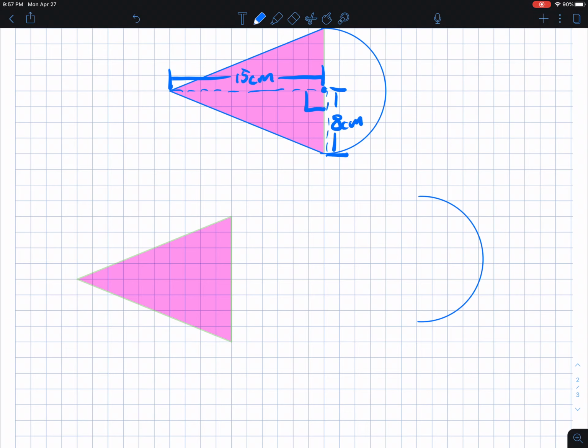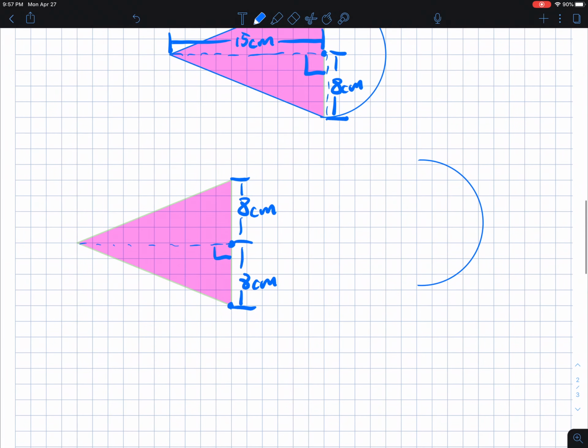So it says that from here to here is 8 centimeters. So from there to there is 8. If it's drawn to scale, this should also be 8 centimeters, so that gives you that whole side. Let's see, what else do we have? We know that this is a 90-degree angle. We know that the altitude is 15 centimeters.